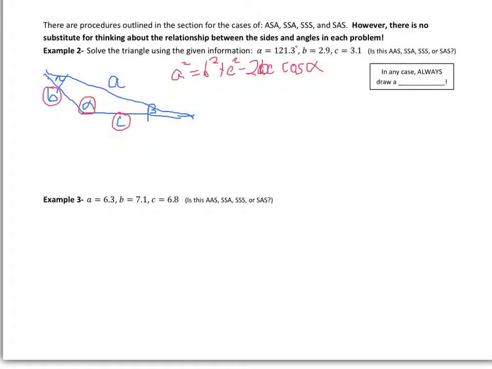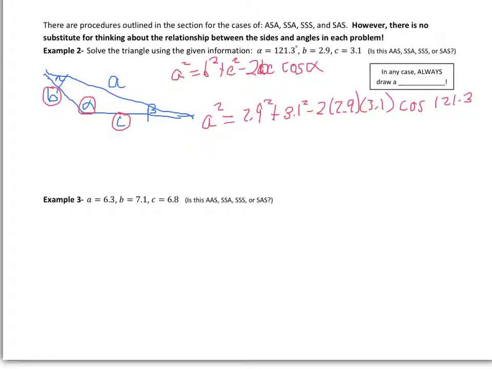Please be careful on your calculators, because if you try to do it all in one step, you're going to get a parenthesis wrong somewhere and mess the whole thing up. So we get 2.9 squared plus 3.1 squared minus 2 times 2.9 times 3.1 times the cosine of 121.3.